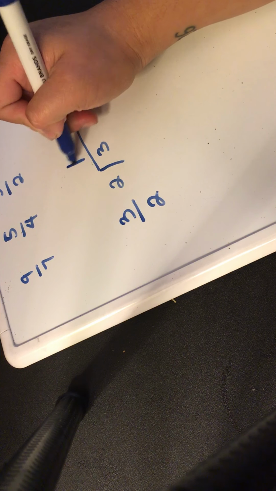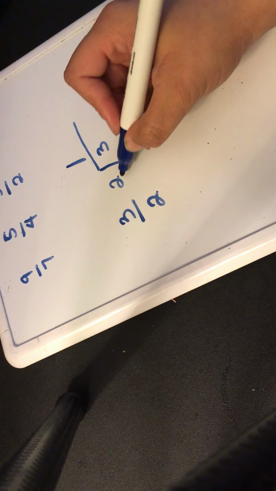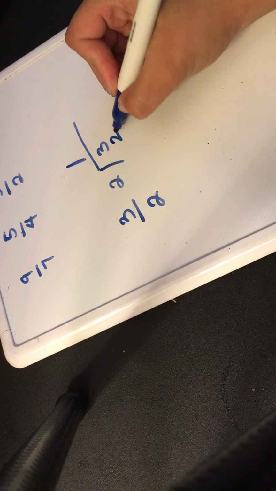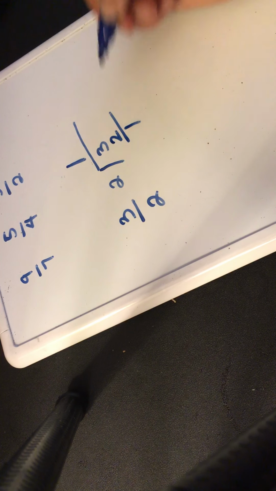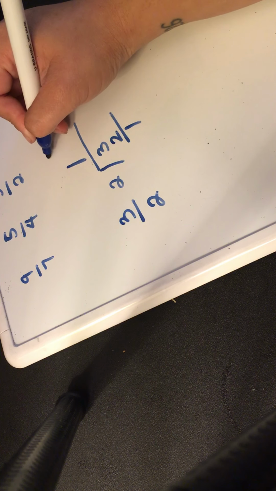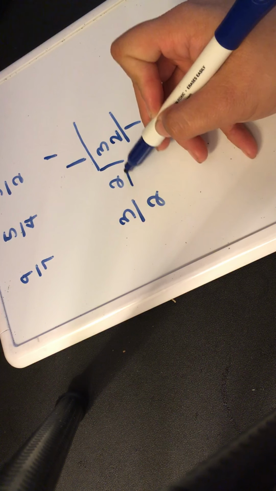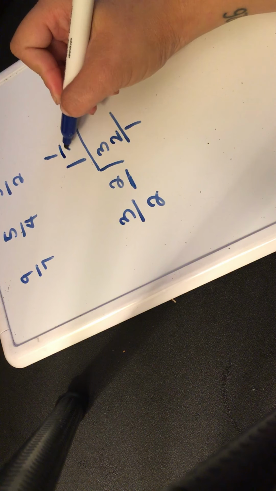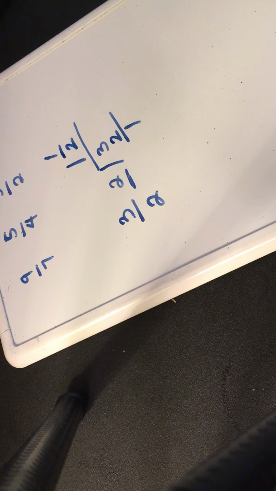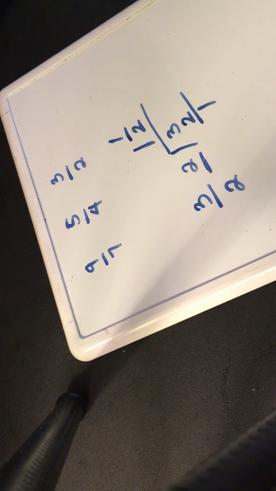It's 1, and 1 becomes your whole number. 2 times 1 is 2, and you go ahead and subtract. 1 is your remainder. Your remainder becomes the numerator, and your 2 out here becomes your denominator. So 1 1/2 is your answer.